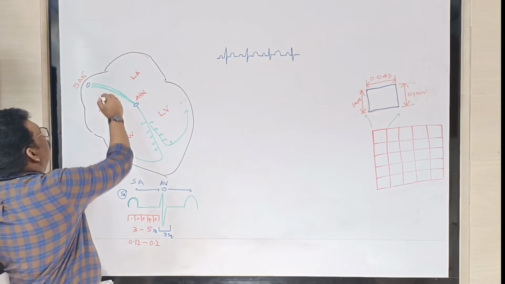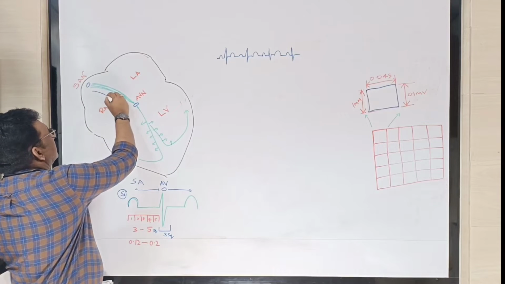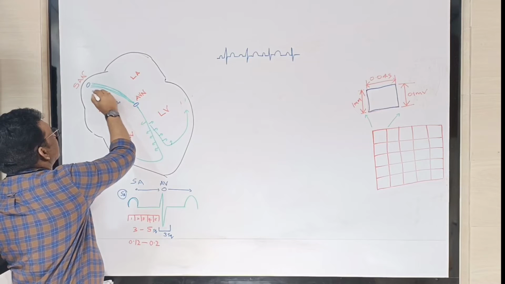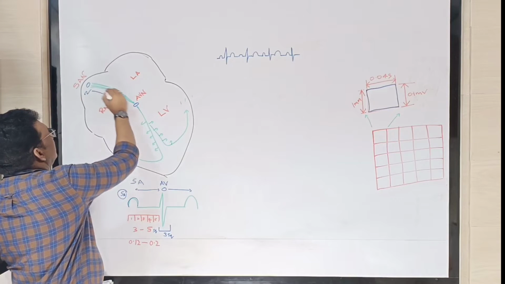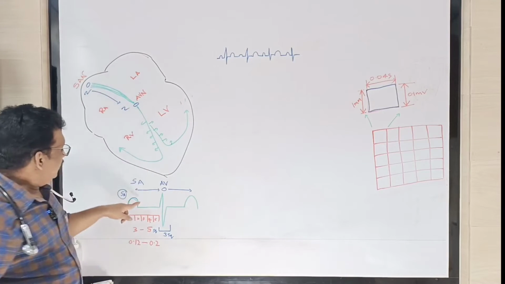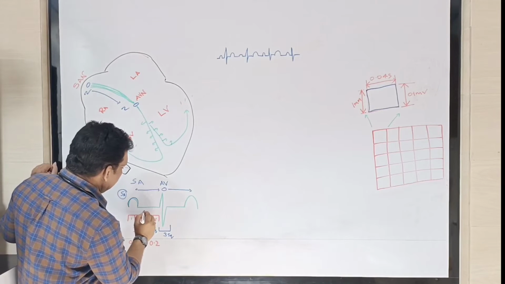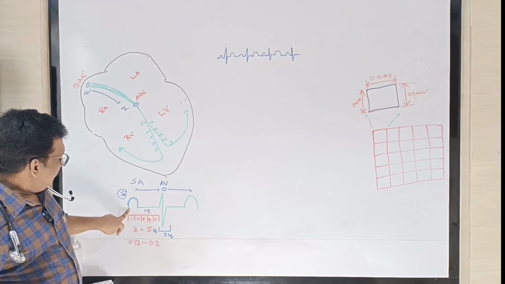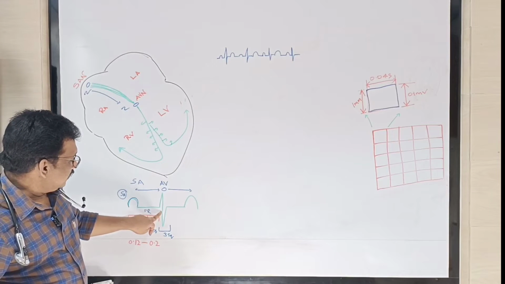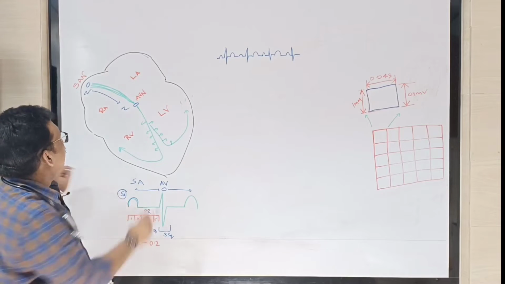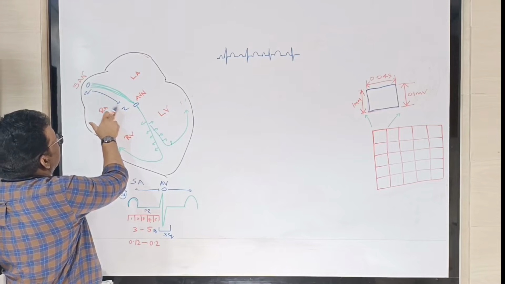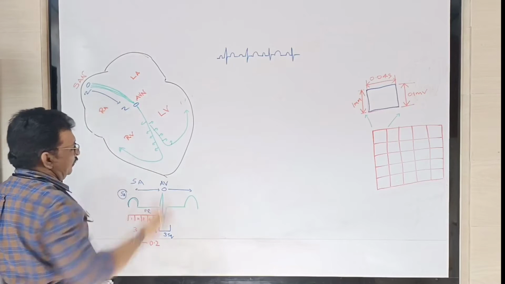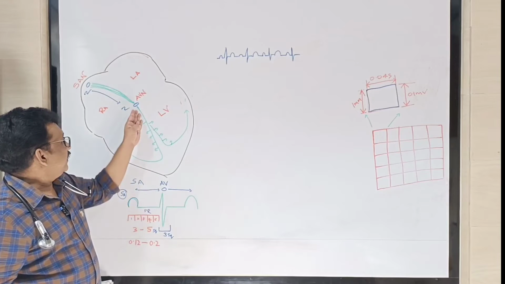Then there is a time taken to travel this electrical activity to the AV node. That is the PR interval. So the onset of P wave to QRS is the PR interval. That is the time taken from SA node to AV node. Then the ventricle activates.